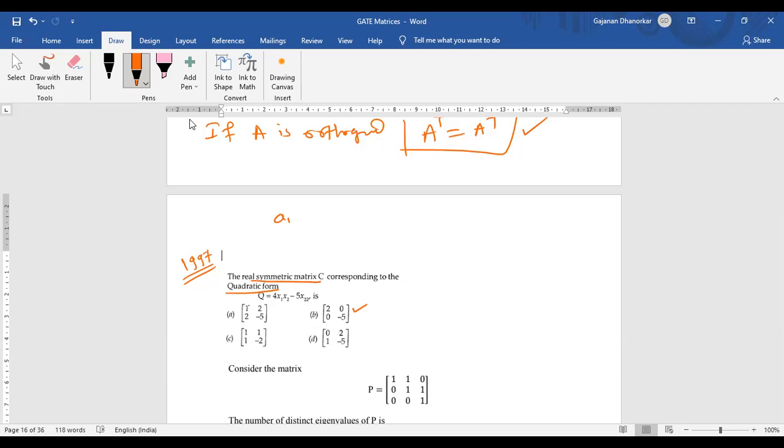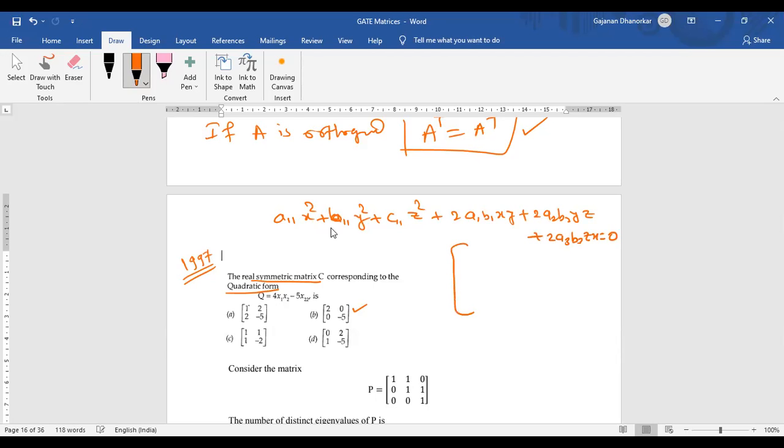Always this is symmetric. This is A11 x1 square plus A22 y1 square plus C11 z1 square plus 2 A1 B1 xy, and right here 2 A2 B2 yz plus 2 A3 B3 zx.